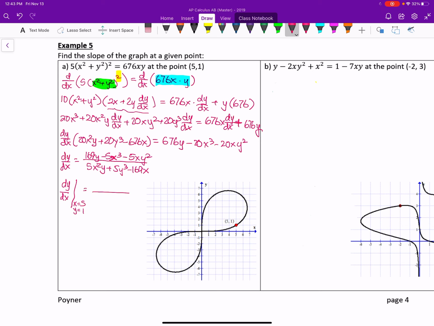So then we substitute in 169 times y is 1 minus 5 times 5 cubed minus 5 times 5 times 1 squared. And in the denominator, it's 5 times 5 squared times 1 plus 5 times 1 cubed minus 169 times 5, like so.